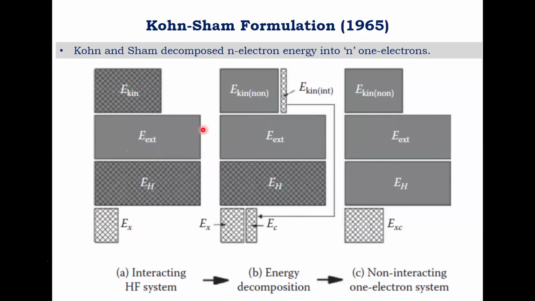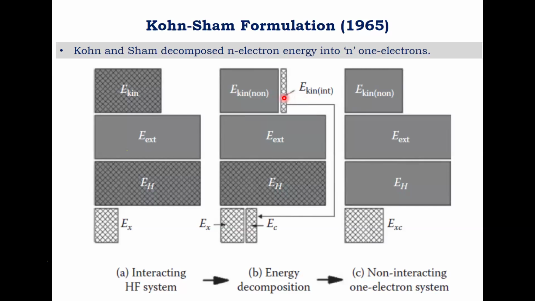What Kohn and Sham did was decompose the kinetic energy into two parts: non-interacting kinetic energy and interacting kinetic energy. Non-interacting kinetic energy means taking one electron at a time from each occupied orbital. The interacting part comes into the picture because in a single orbital state two electrons can reside, one with up spin and the other with down spin. So I am discussing the interaction energy during the kinetic motion of these electrons.